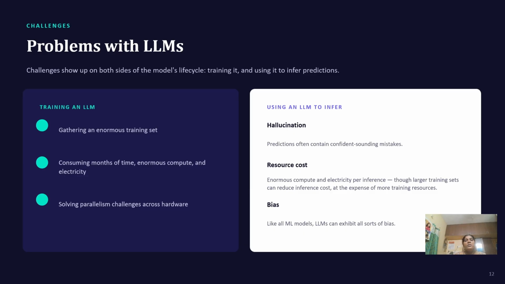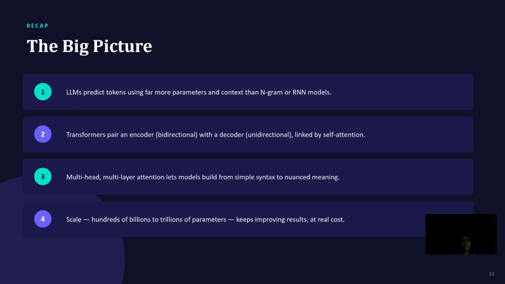So hallucination is one drawback. The second drawback related to inference is that they use enormous cost, compute, and electricity per inference. They try to go with larger training resources. Then there is bias: like all ML models, LLMs can exhibit all sorts of biases.